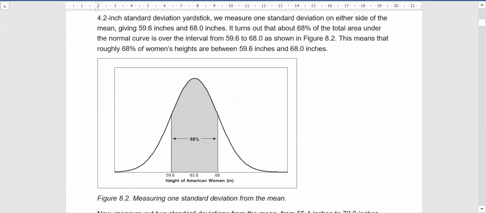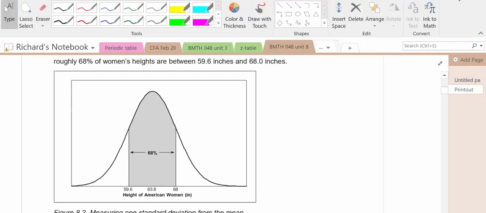One of the things I just want to talk about very briefly is, if you have a distribution, and in this case, height of American women, you'll see that in this graphic, we're told that 68% of the information is between -1 standard deviations and +1 standard deviations from the mean. And here's the mean right here, down the middle.